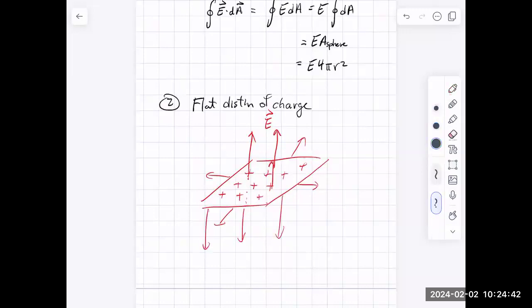So here, I'm going to get rid of these arrows because they looks a little confusing. So here are our electric field lines. Something like this. Okay. Now what we did to choose our surface is we could choose a surface of any shape. We just want it to have flat tops and bottoms.